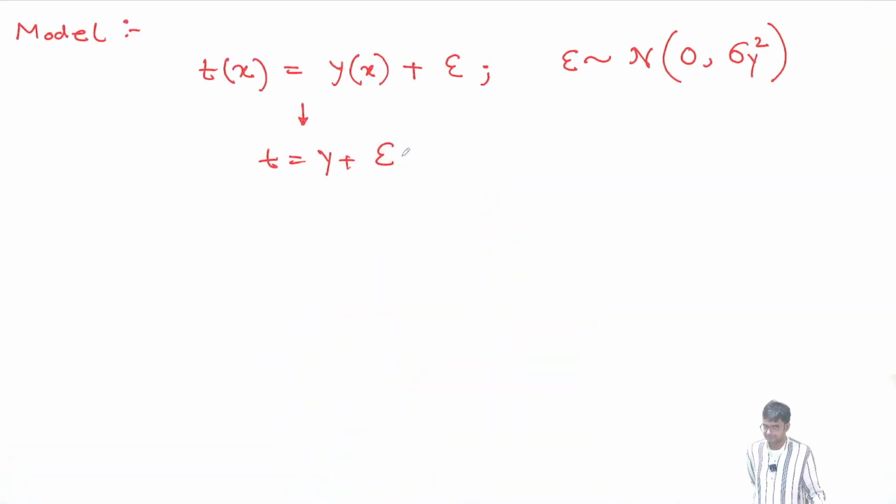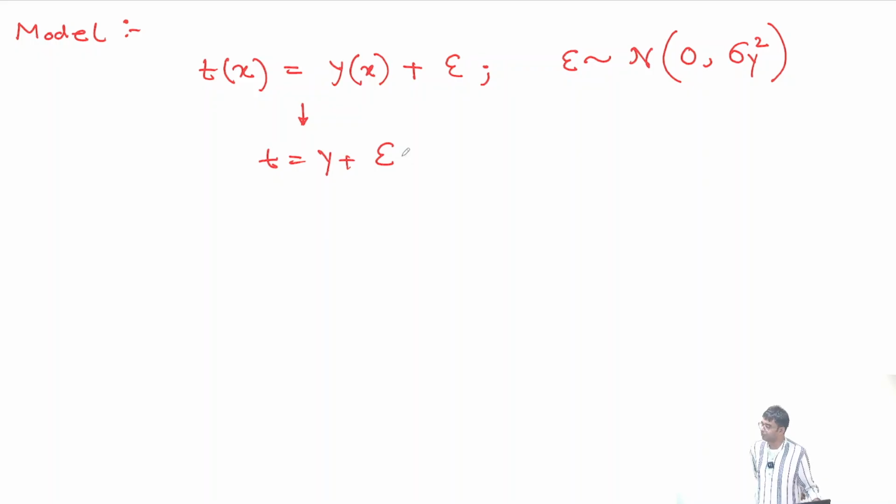Now generally you will not write t(x) and y(x); this is equivalent to writing t is equal to y plus epsilon. It's given that t is a function of x and y is a function of x, so you can drop that. Now for a second let us talk about linear regression, or polynomial chaos expansion, or the response surface method. What were we doing in response surface method?